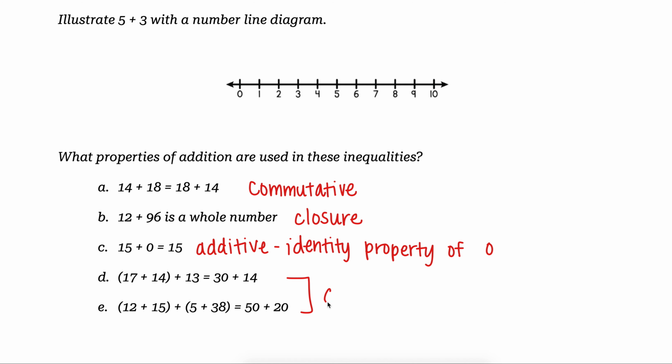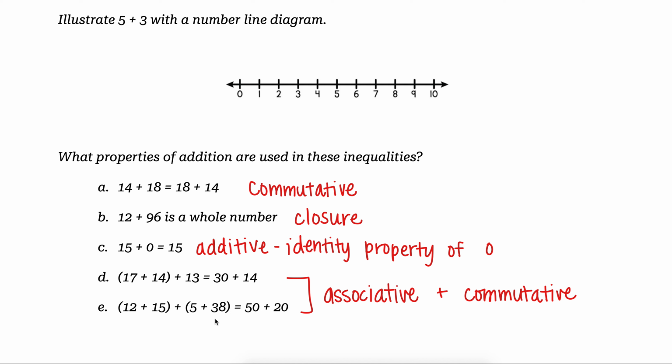So I'm just going to write these once since it's for both of them. Not associate, associative. So in our last one, we have 12 plus 15 in parentheses plus 5 plus 38.